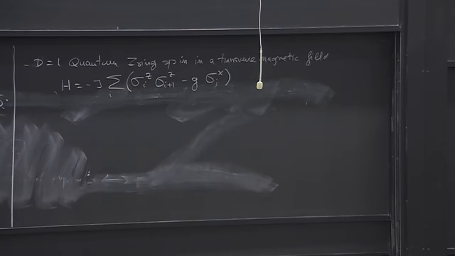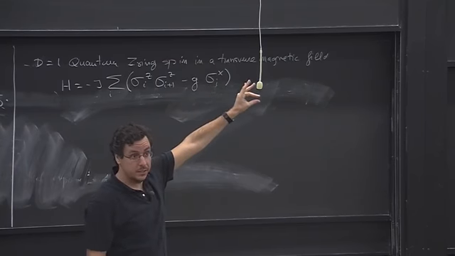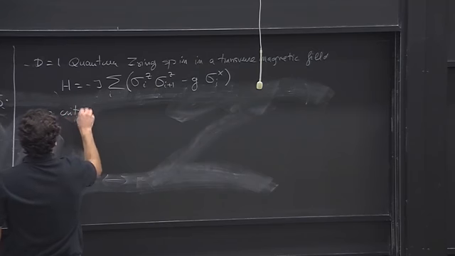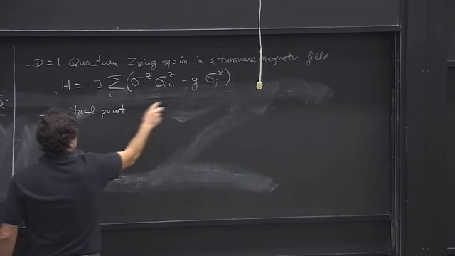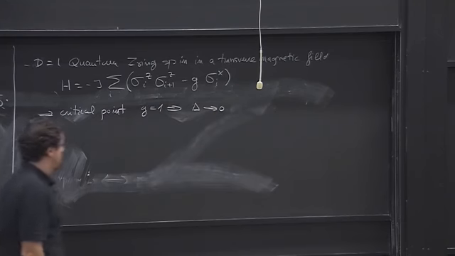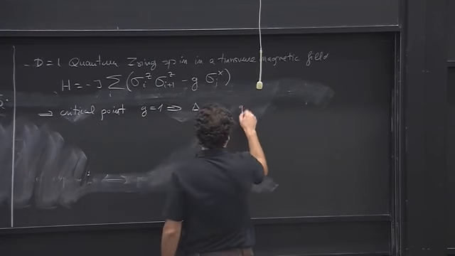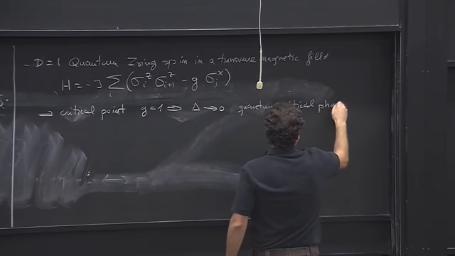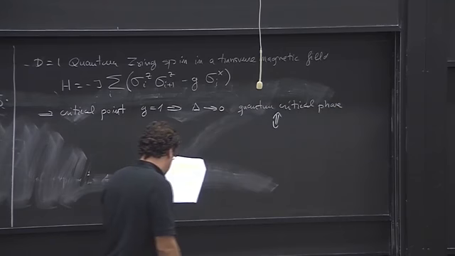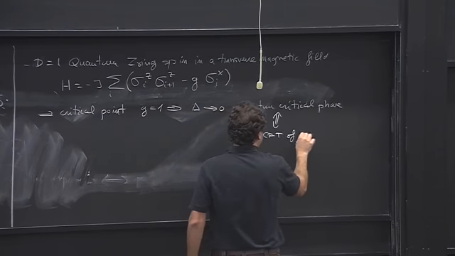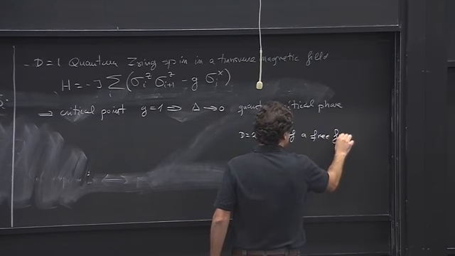Now this system, in order to be gapless, so that if you want to close the gap and reach the critical point in the phase diagram of this system, what you have to do is tune the magnetic field here to be 1, okay? And then the gap goes to 0, and you have a quantum critical phase, which will be described, as we will see also later in the course, by the two-dimensional conformal field theory of a free fermion in 2 dimensions.